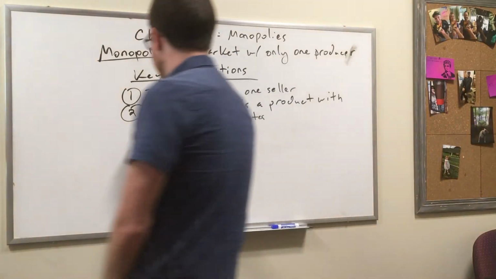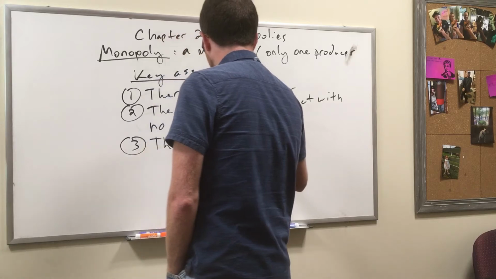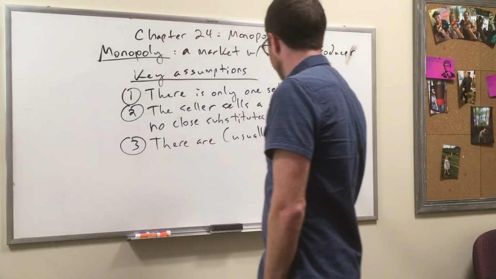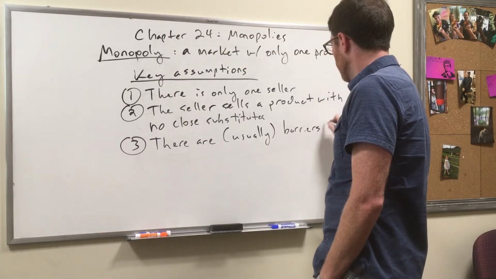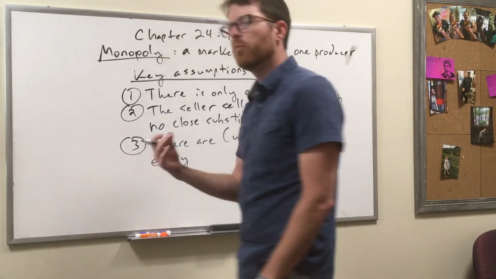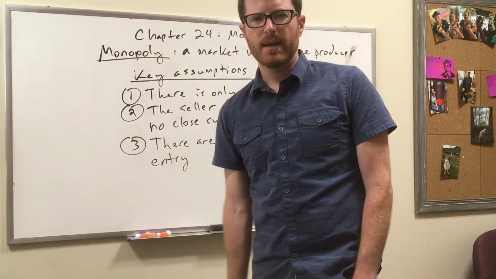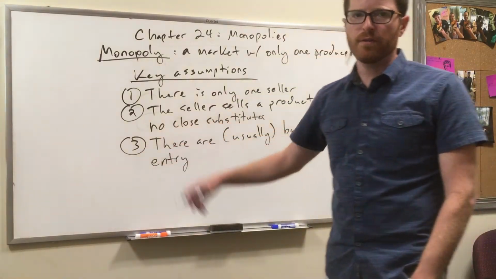And then the third assumption is that there are, at least usually, barriers to entry of some sort. So there's some reason why another firm can't come in and compete. This one's kind of debatable in a sense.